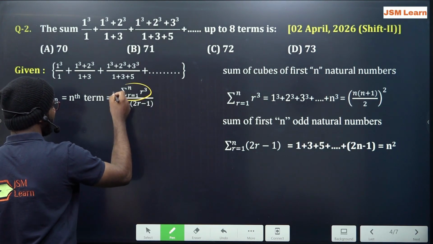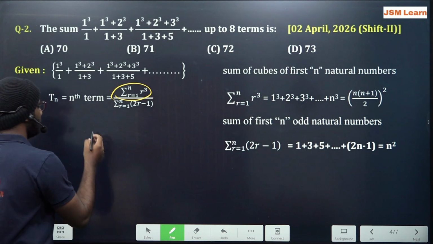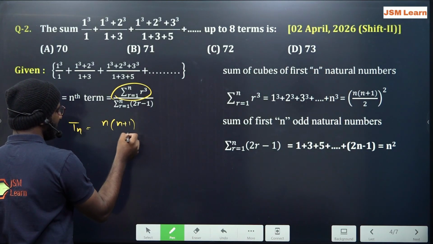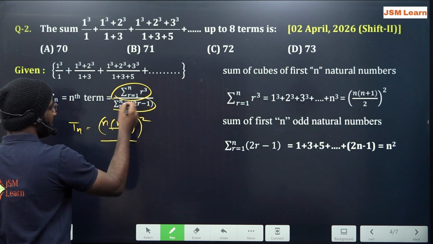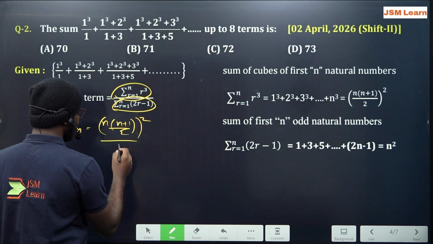So the sum of cubes of n natural numbers is (n(n+1)/2) whole squared, then the sum of first n odd natural numbers is n squared, right?